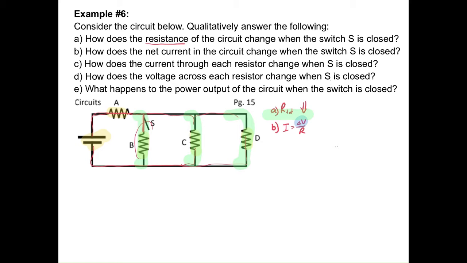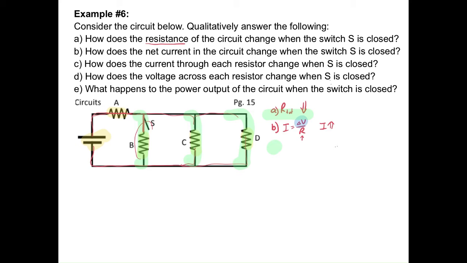That is not changing. Now, we just said that the resistance is going down. So if the top stays the same and the resistance of the circuit decreases, then the total current of the circuit should increase.